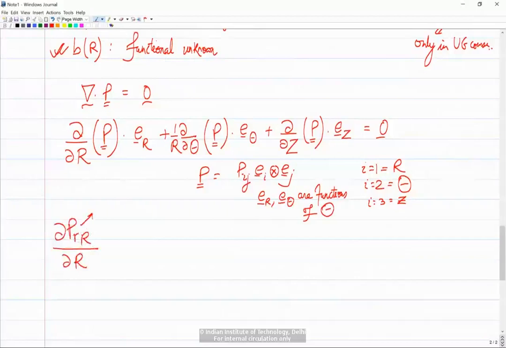So on the radial plane, on the undeformed radial plane, the traction in the radial direction. Okay, so here you have to understand, it is different than what you do in your UG. So in P_ij, j will denote the plane normal, whereas i is going to denote the direction of traction.